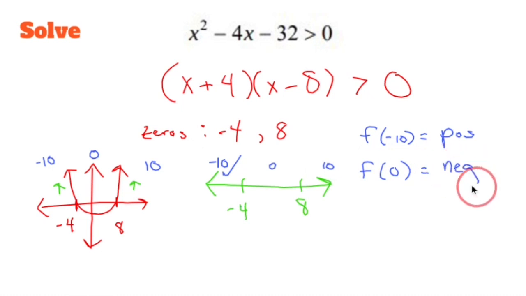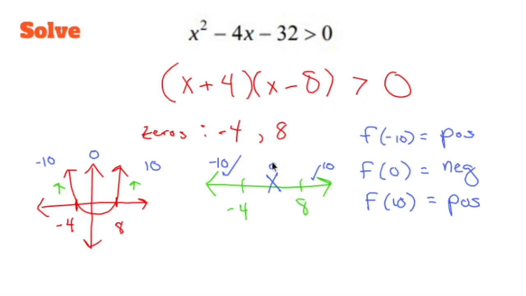That's definitely going to be negative. Okay, so I don't want this interval. And if I plug in 10, I get 100 minus 40 minus 32, which is 28 or something like that. It doesn't really matter. It's positive. So this area checks out.